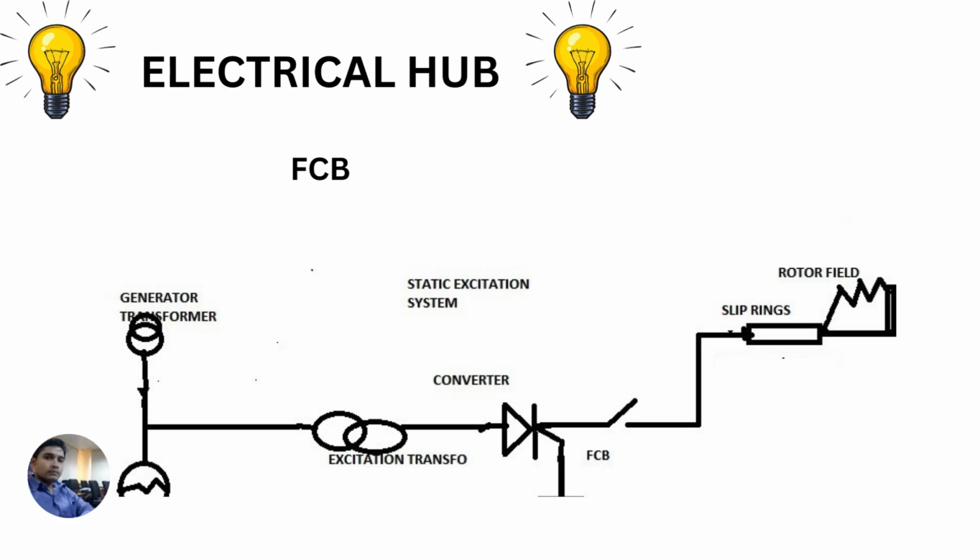And if there is any problem or any tripping, then this FCB breaker will open and will not allow the DC voltage to pass to the rotor winding. So if the FCB is closed, the DC voltage will be supplied to the rotor winding, and if open, the DC voltage will not pass to the rotor winding.